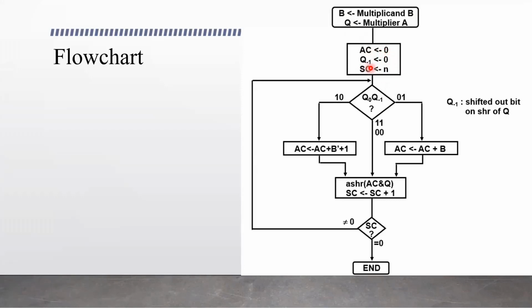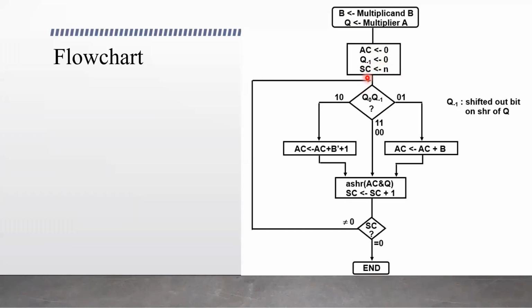As we discussed, we check 2 bits here, not like the other algorithm that is used for signed magnitude representation. In this Booth multiplication algorithm, we check the last 2 bits, Q naught and Q minus 1. Q minus 1 is initialized to 0 first.